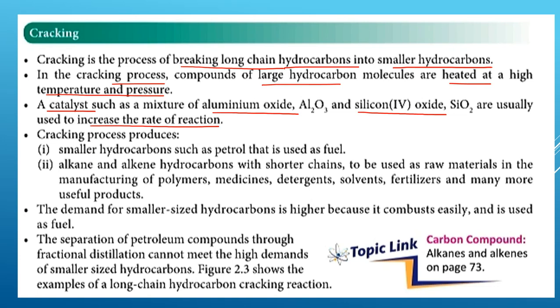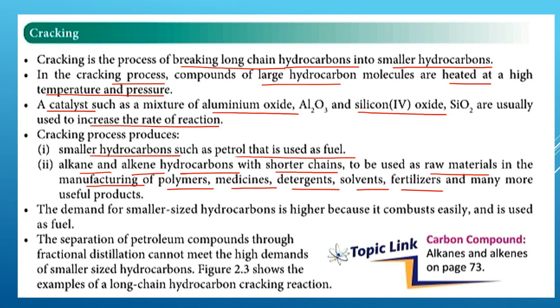The cracking process produces smaller hydrocarbons such as petrol that is used as a fuel, and alkane and alkene hydrocarbons with shorter chains to be used as raw materials in the manufacturing of polymer, medicine, detergent, solvent, fertilizer, and many other useful products.